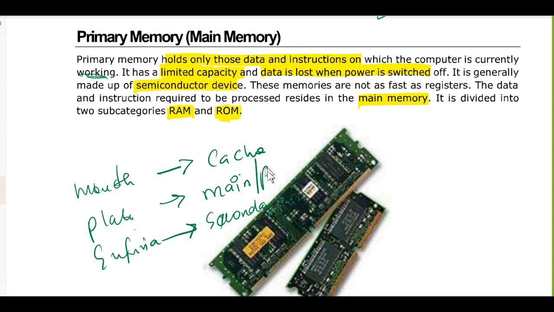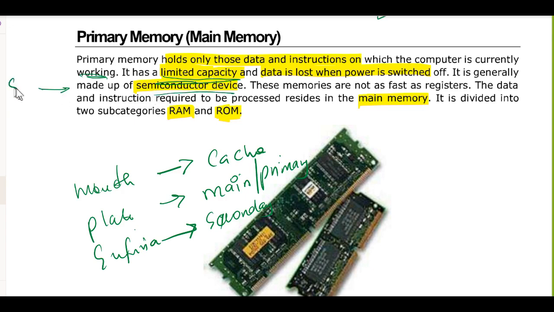Main memory is also called primary memory, and therefore this is where we hold the data and instructions on which the computer is currently operating. It has limited capacity also. It is not as huge as the secondary storage. And data is lost when power is switched off. It is generally made up of semiconductor devices.